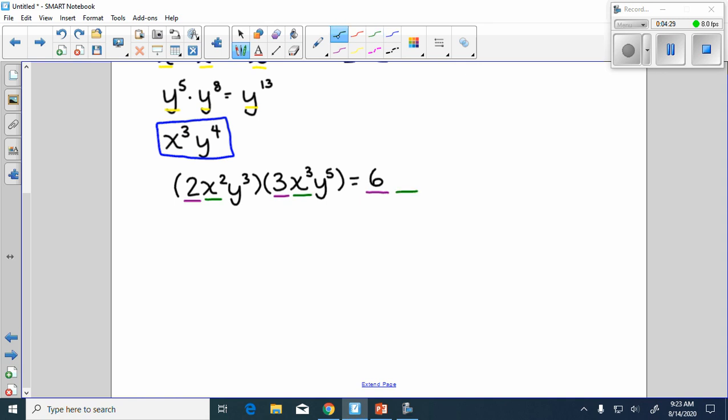Since those have the same base, we can add the exponents together and get x to the 5th. And we can do the same thing with the y's. 3 plus 5 is 8. Okay. So the product there is 6x to the 5th y to the 8th.